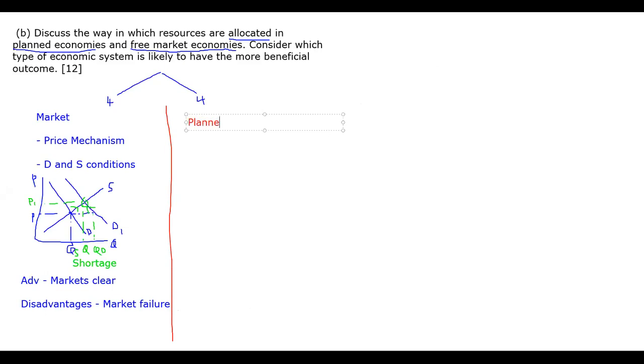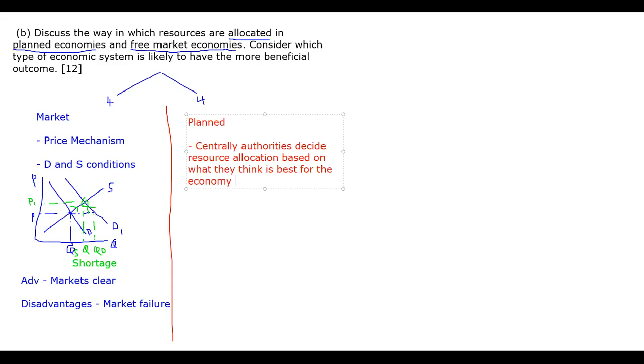Then you write about planned. You'd explain how in centrally planned economies, central authorities or the government decide resource allocation based on what they think is best for the economy, when they look at stuff like their macroeconomic goals as well.